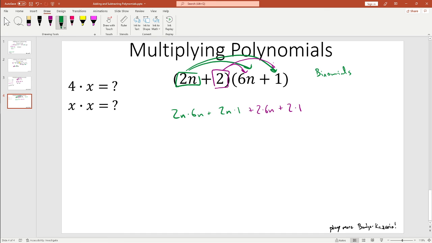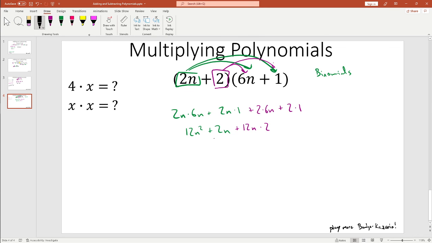Using our rules for multiplying, 2n times 6n is 12n squared, plus, well, 2n times 1 is just 2n. And 2 times 6n is 12n, and 2 times 1 is just 2.